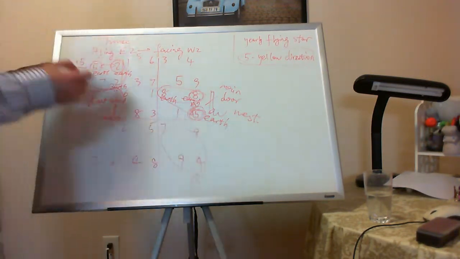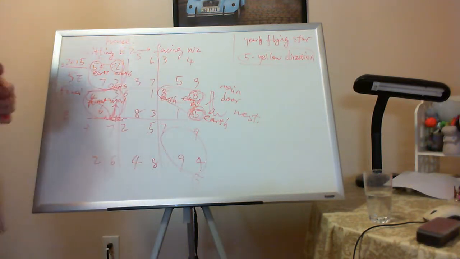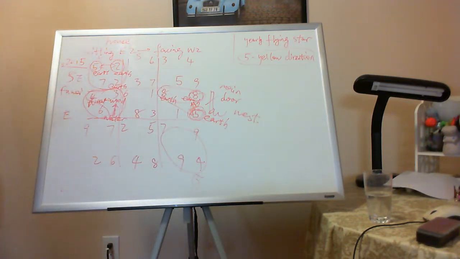Then that's not considered as inauspicious as the case here. Remember that the star 5 can also represent great power and authority, but that's in a very rare case, and you probably are not in that rare case.